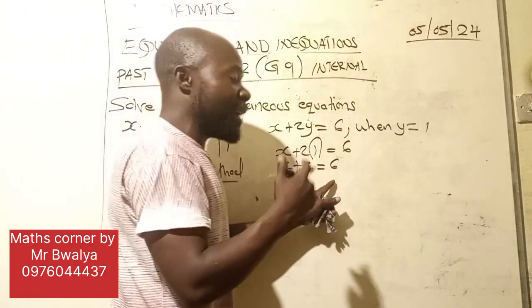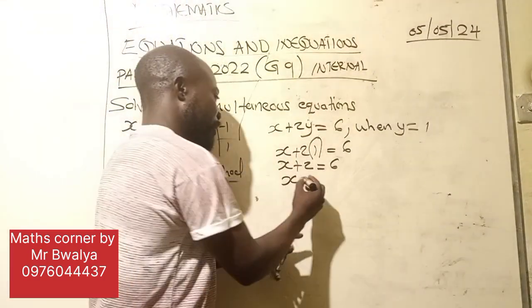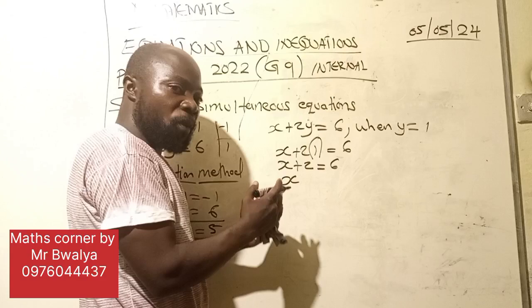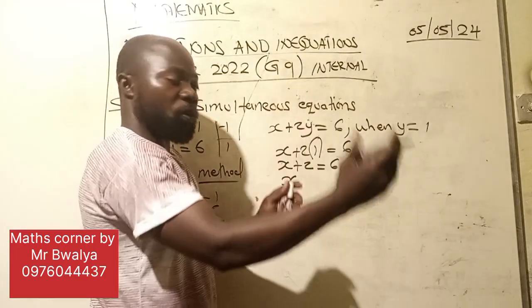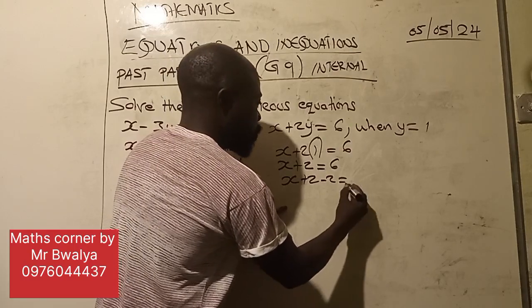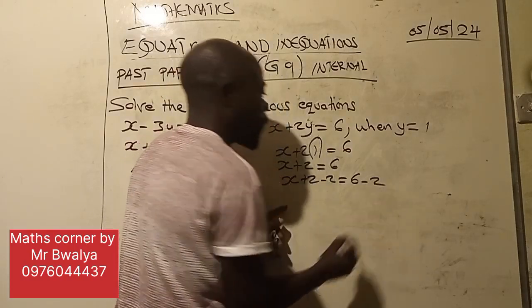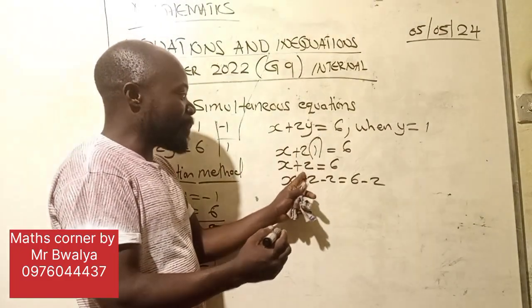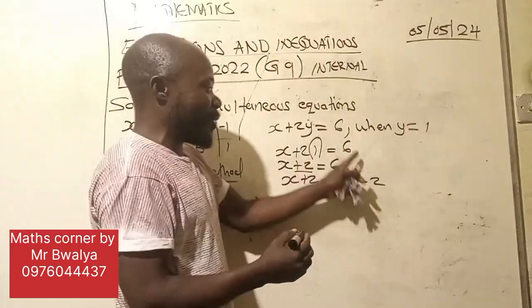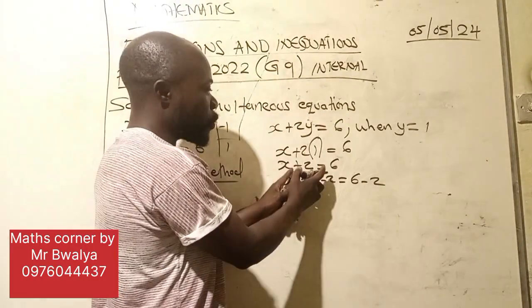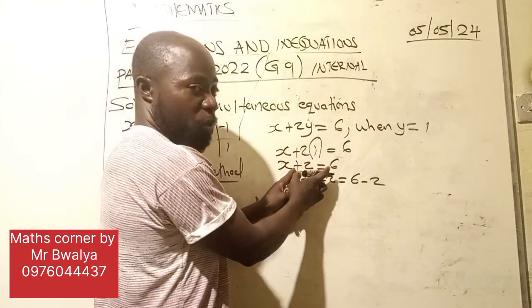In the layman's language, we'll say I will do the additive inverse. Whatever we do on the right side, we also do on the left side. We'll say x plus 2 minus 2 is equals to 6 minus 2. Are we together? In other ways, when this positive 2 crosses the equal sign, it will become negative, because we want to do away with the positive 2 here.